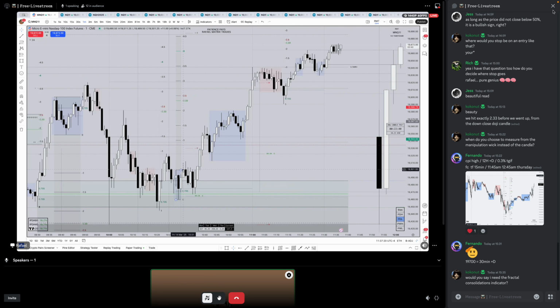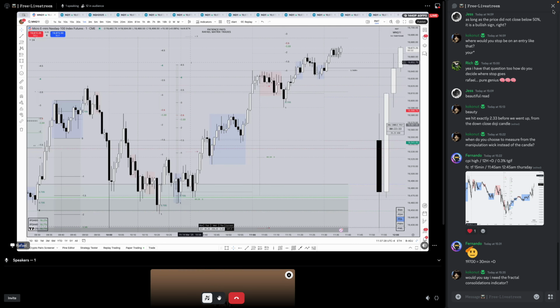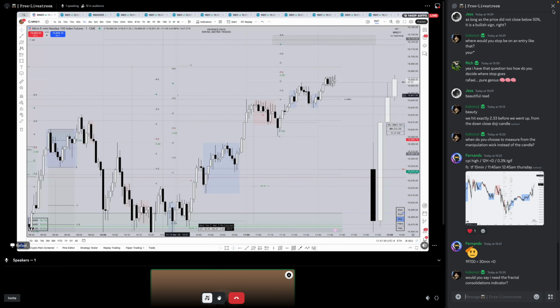Like for example, here I will measure this rejection block. My levels would be this one, and using the fractal consolidation, the levels change to this one. So if you try to frame some reverse around here, that would make a difference.